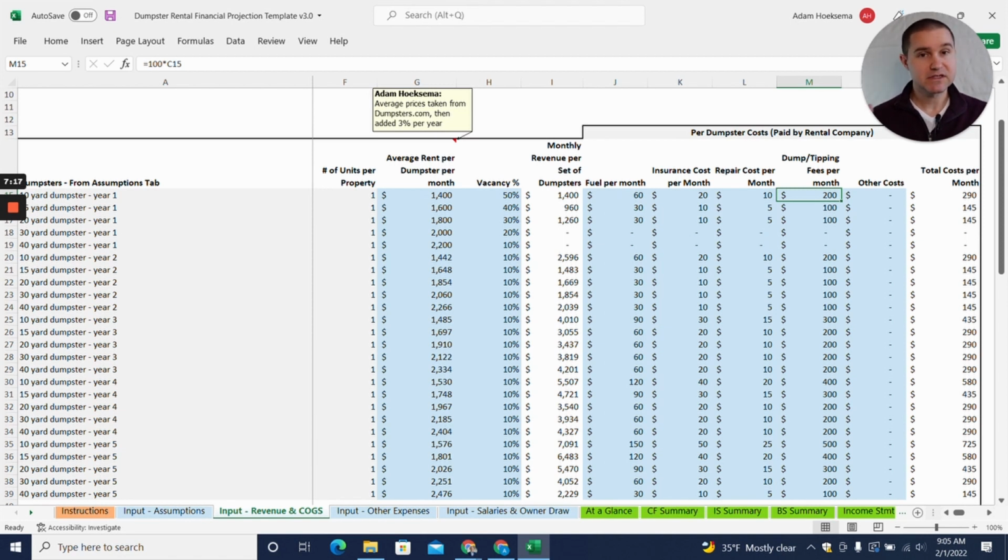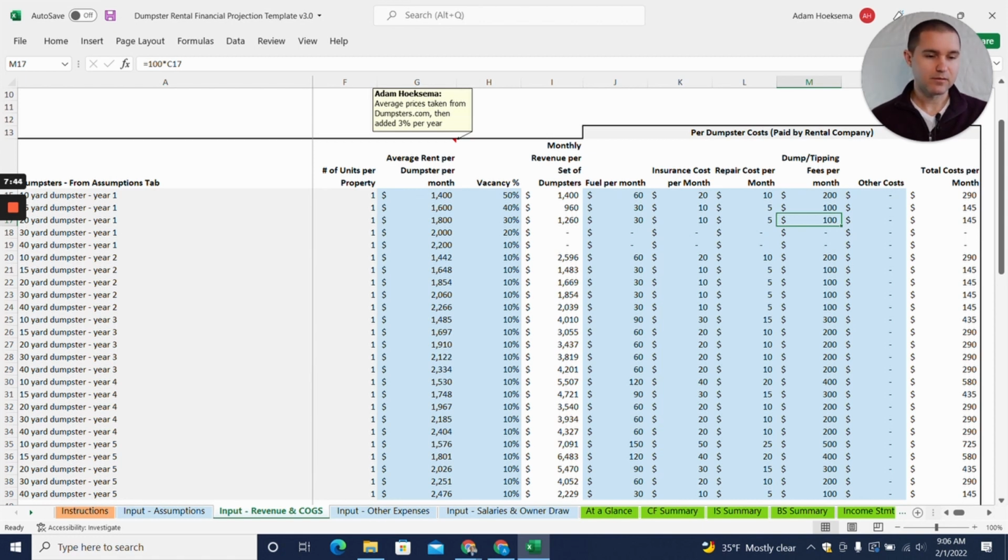And these can vary dramatically depending on what types of product you're dumping or recycling, or what you're doing with that. So the cost there can really be different, and also based on your location. So you need to do your own research on these numbers and make sure that these make sense for your specific location and industry.